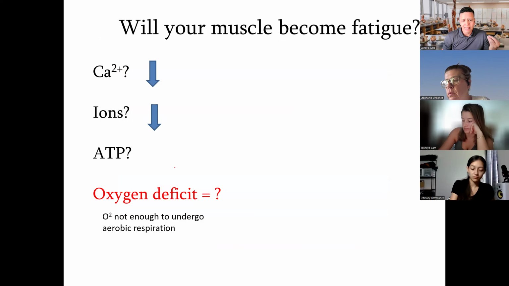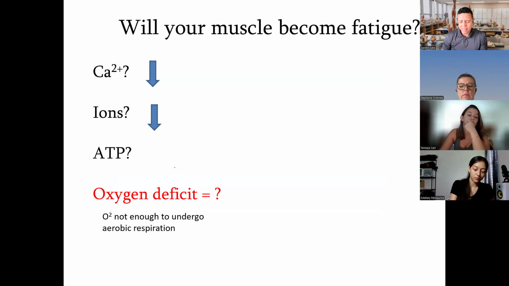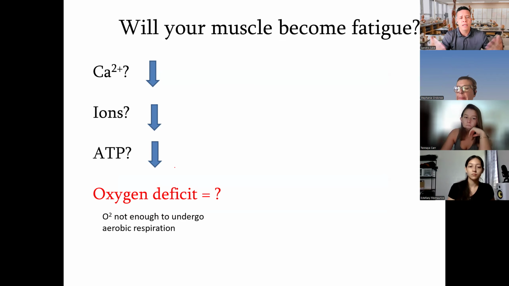Fatigue also means that the level of ions like sodium is going down, because if the sodium doesn't enter the skeletal muscle cell, we can't have an action potential generated. Muscle fatigue means that the ATP in your skeletal muscle cell is going down. And if you don't have ATP, your myosin heads cannot do the power stroke. That's what muscle fatigue means: a decrease in calcium ions and ATP.